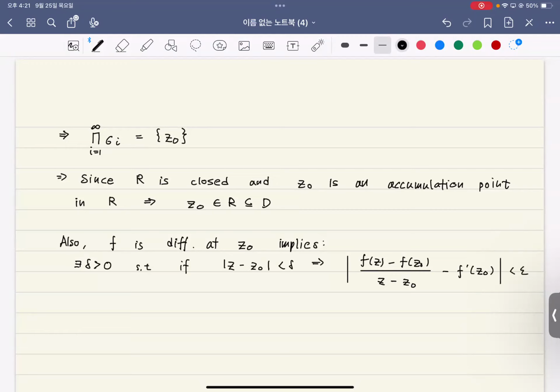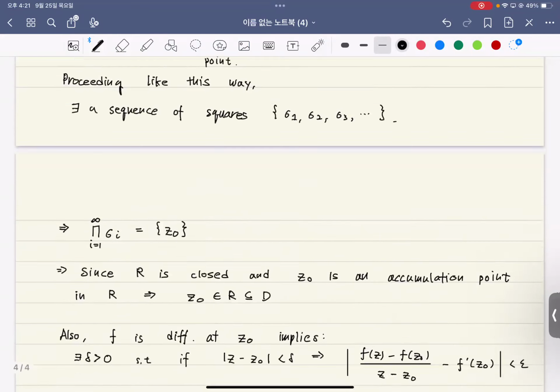So I must be able to find such a delta satisfying this inequality. Now I'm getting close to the contradiction. What contradiction? Okay, so this is clearly a contradiction.